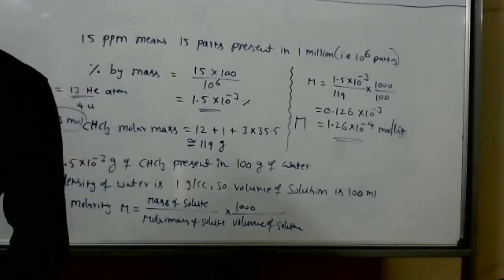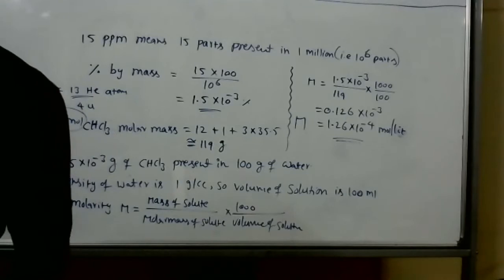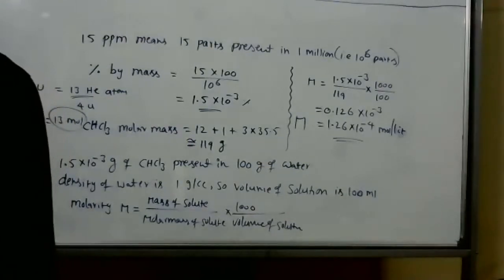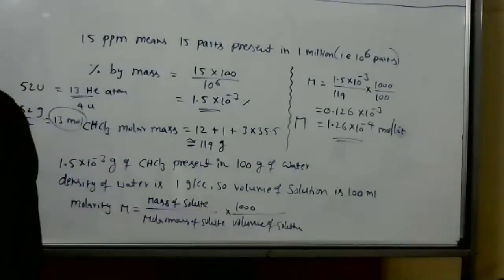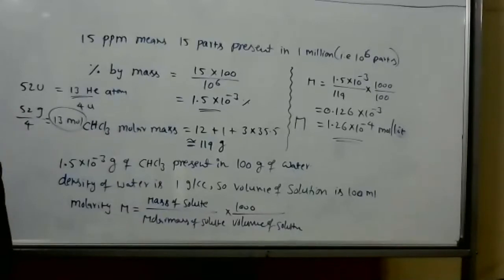Okay, next, go to 39. Question number 39. Keshav. Yes, sir. A sample of ammonium phosphate contains 6.36 moles of hydrogen atoms. The number of moles of oxygen atoms in the sample is.